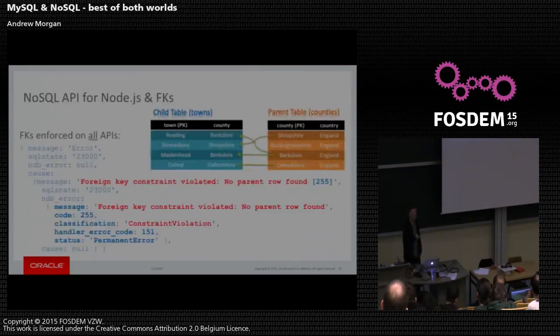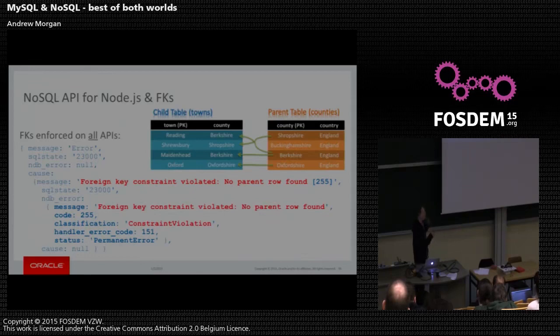One of the nice things about when you're using these NoSQL APIs with MySQL Cluster, you still have all of the safety of the relational database underneath. So for example, you still have ACID transactions. You still have foreign keys. And so this is an example where we're trying to, I can't remember if it was removing, I think it was deleting a row maybe. But we've got a foreign key defined on the underlying table.